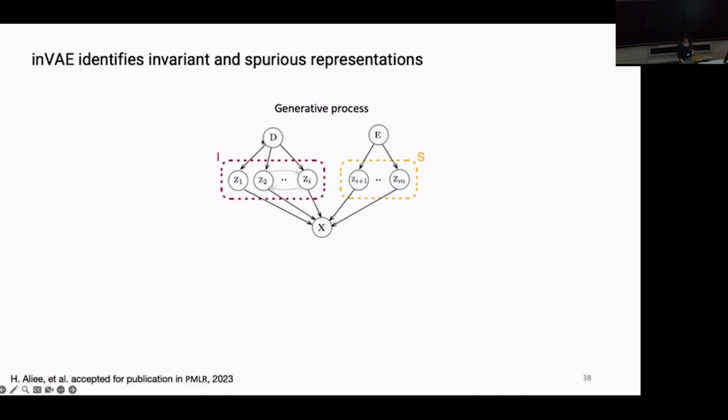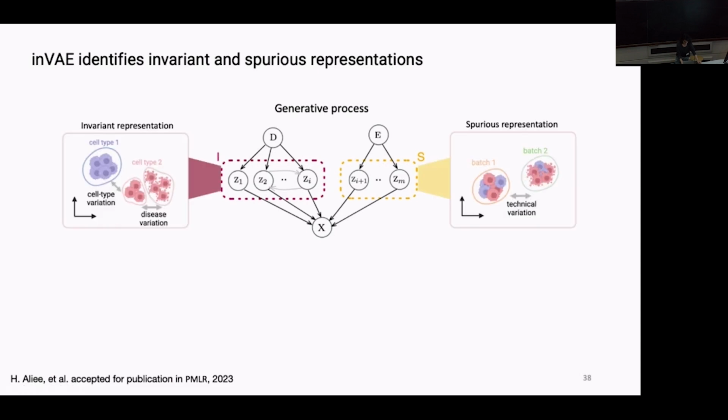These latent variables are affected by some biological covariates, for example healthy or disease, age, sex, and so on. I also have some spurious latent variables that are affected by the environment or the batch effect. And then at the end, my observation is an aggregation of these two sets of latent variables, which I need to predict my outcome.